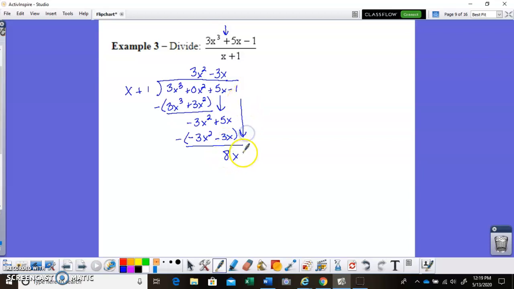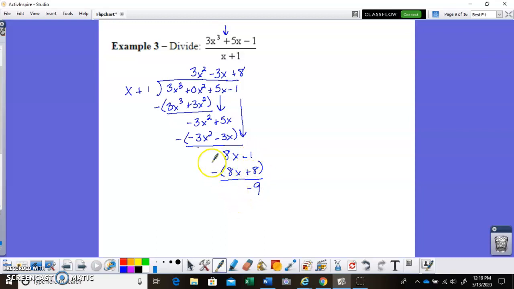Bring down the next term. Oops, I almost put a plus. That's not right. That should be a minus 1. Okay. What do I multiply x by to get to 8x? Plus 8. So that would get me 8x plus 8. And that's what I'm subtracting. When I do the subtraction, I have 0 here, but negative 1 minus 8 gets me negative 9.